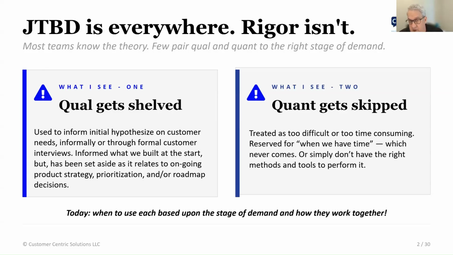It's considered sometimes to be too difficult or too time consuming, or they simply don't have the time to do it, or don't have the right methods or tools to perform it. So we're going to speak to both the qualitative and the quantitative side today.